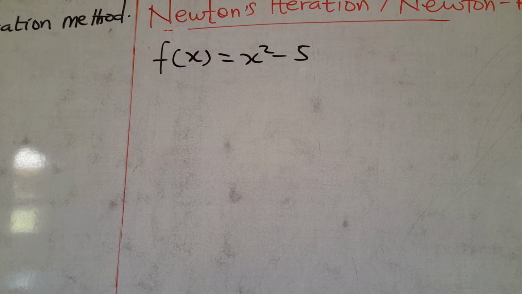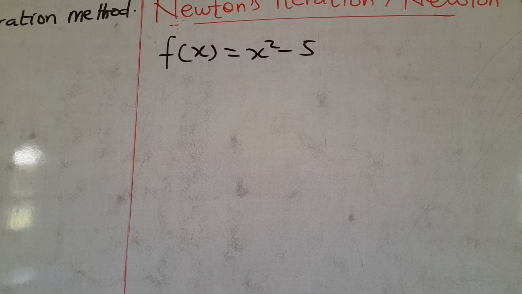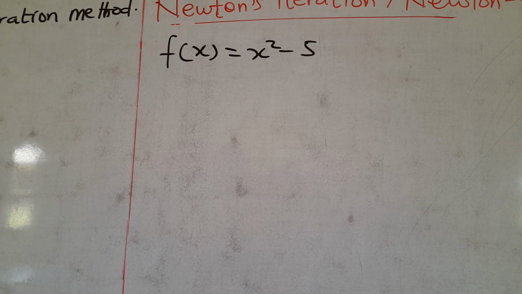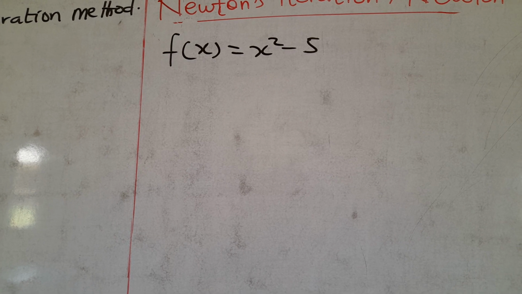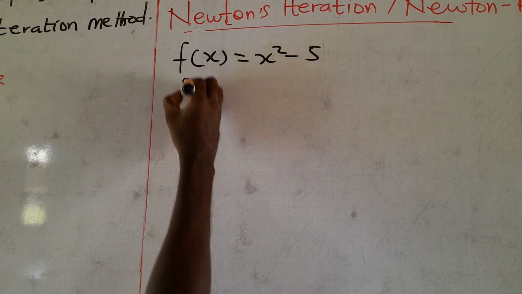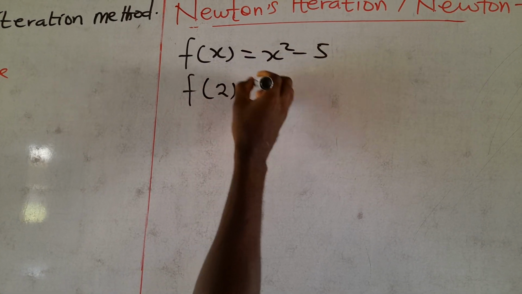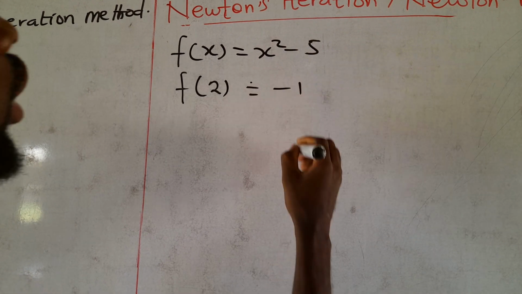Having gotten our Newton iterative formula for our polynomial function x squared minus 5 equals 0, the next thing is we should get the interval at which the root exists using the location theory. So if you find f of 2, that means when you substitute 2 here, 2 squared is 4, minus 5 will give us negative 1.